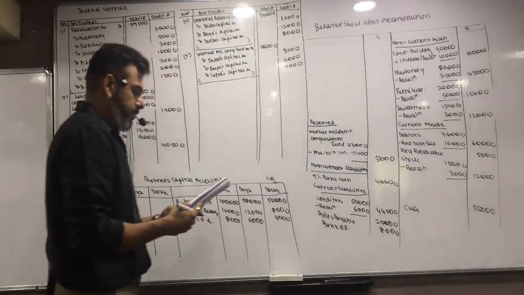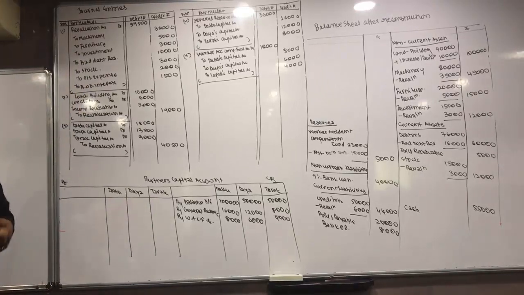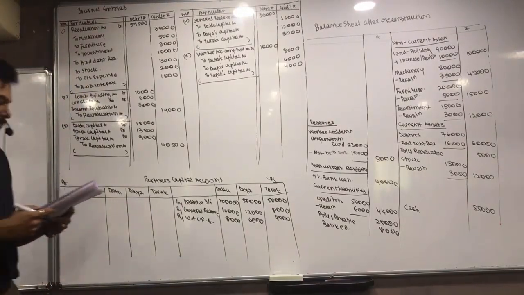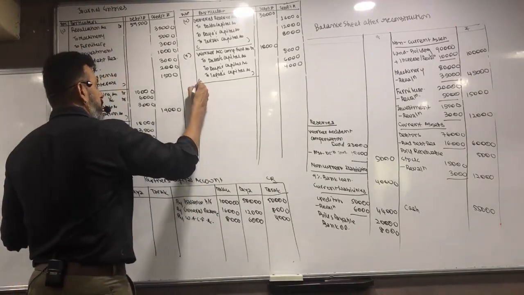Profit and loss account. We write the entry. It's accumulated loss which will be transferred to partners' capital accounts.